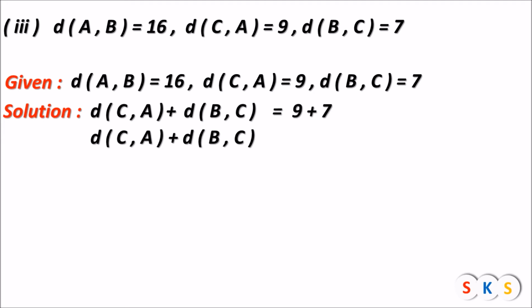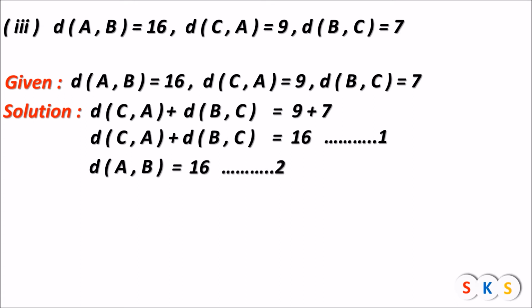Distance CA plus distance BC equals 16. We'll consider this step as equation number 1. Now we'll compare the sum of these two smaller distances with the greater one, that is 16. So your distance AB is 16. We'll take this step as equation 2.